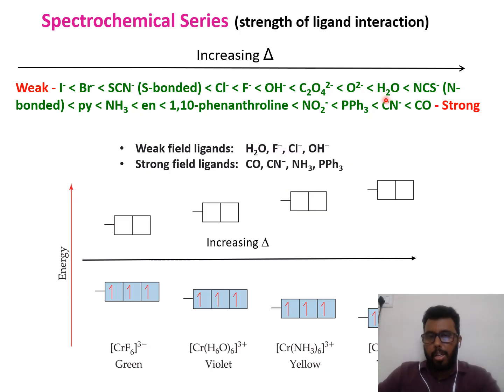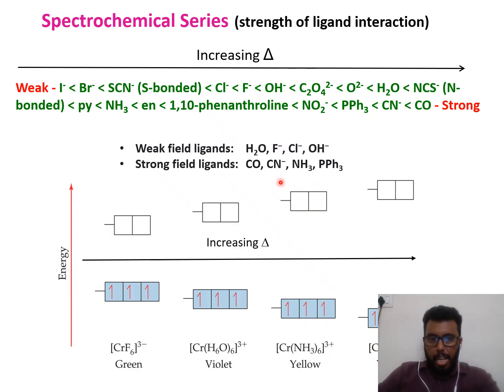So these are in between strong and weak ligands. Here I have shown some of the ligands which are considered weak field and which are considered strong field. Water, fluoride, chloride, and hydroxide are examples of weak field ligands. And strong field ligands, you have the carbonyl, cyanide, amine, and triphenyl phosphine.